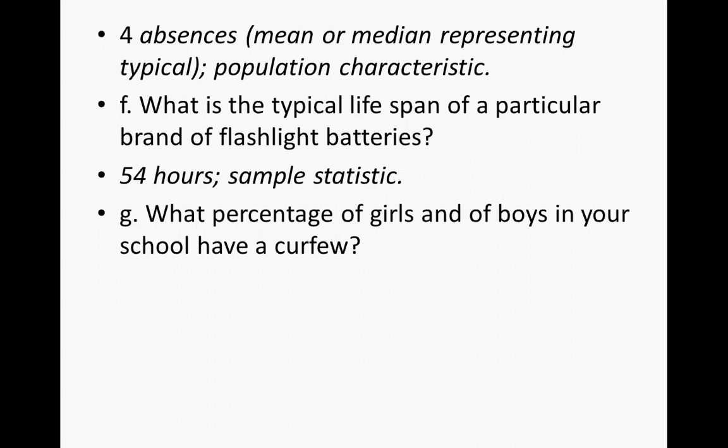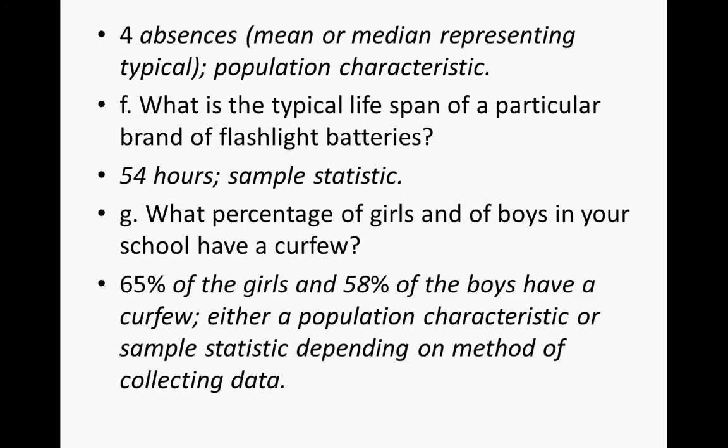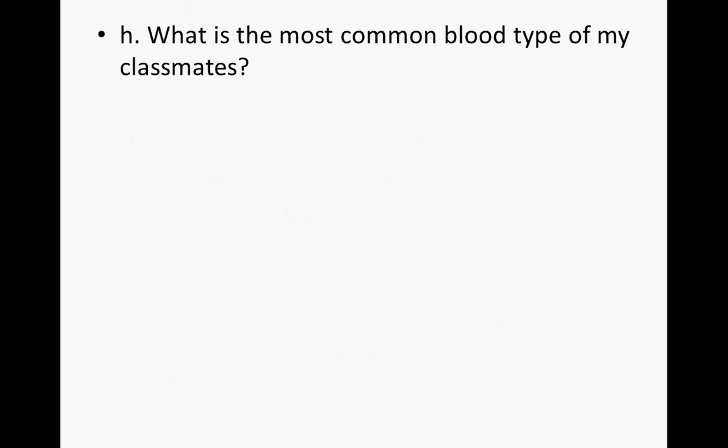What percentage of girls and of boys in your school have a curfew? Well, again, you could say 65% of the girls and 58% of the boys have a curfew, and that could either be a population characteristic or a sample statistic depending on the method of collecting data and how many kids you have in your school. What is the most common blood type of my classmates?